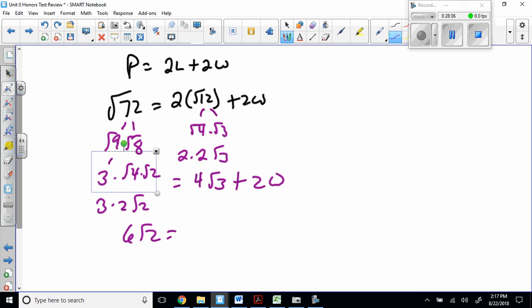On your paper? No, you ain't got enough room on your paper. So here we go. We've got 6 square roots of 2 equals 4 square roots of 3 plus 2W, right?